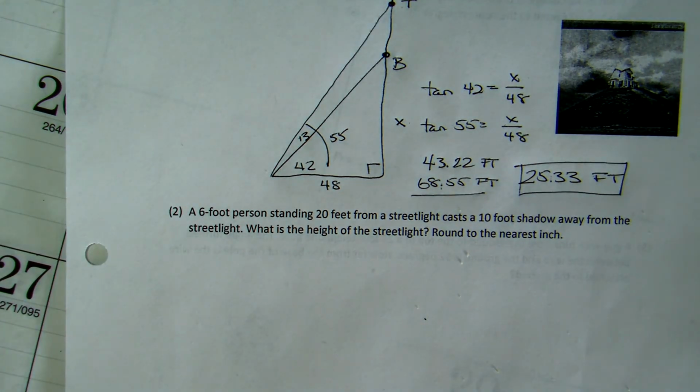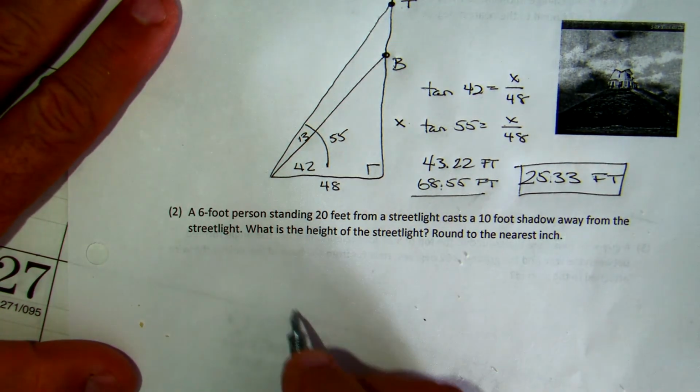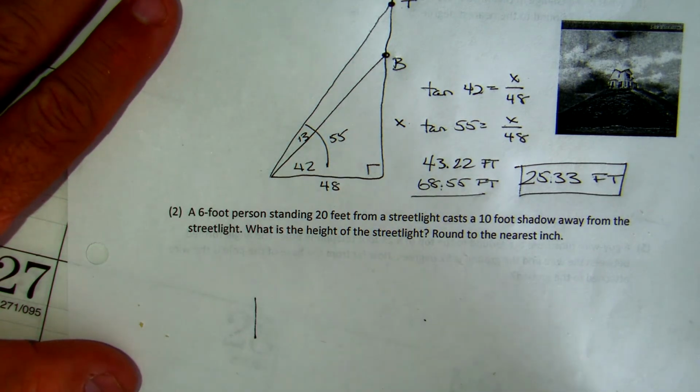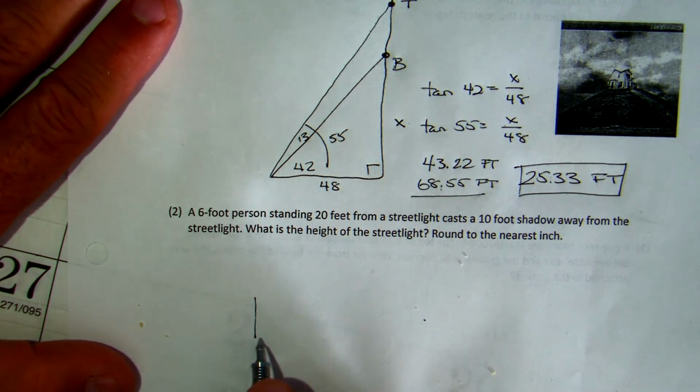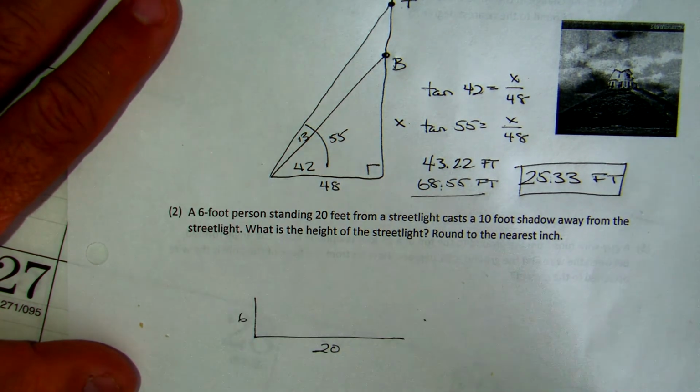What is the height of the street light, rounded to the nearest inch? So, a 6-foot person over here, standing 20 feet from a street light. Boom. Casts a 10-foot shadow away from the street light.